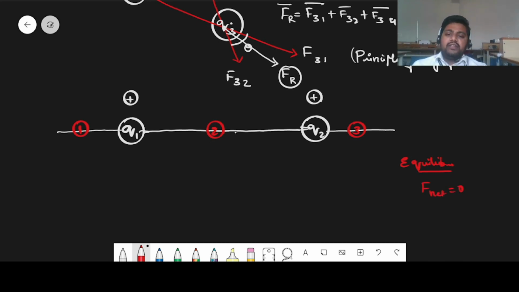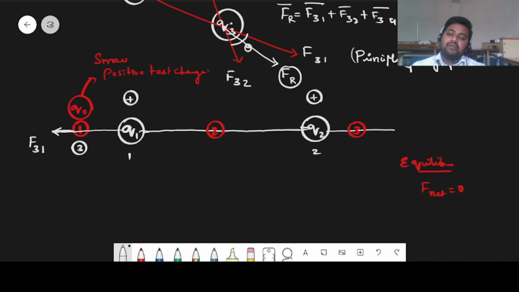So now let's say I am keeping one small positive test charge Q naught. If it is kept in region 1, the forces acting on it, let's say I am taking this one as charge 3, this one as 1 and this one as 2, it will experience a force in this direction F31, and it also experiences a force in this direction F32, since both are positive charges.